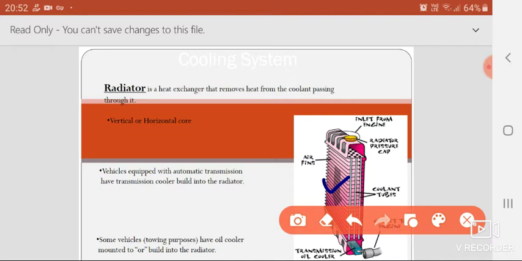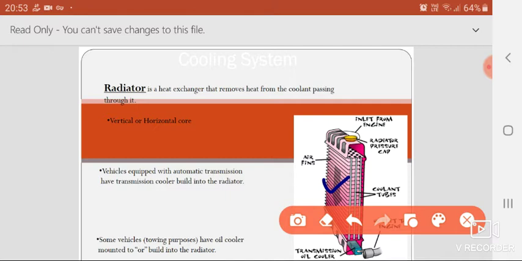The same coolant you cannot use again and again because there are so many dirt particles, dust particles, rust particles which get collected in the coolant because of continuous circling between the radiator and the engine. So as the particles increase in number, the performance of the coolant decreases.